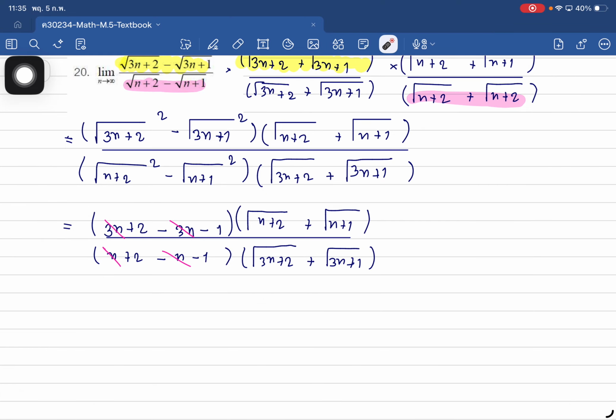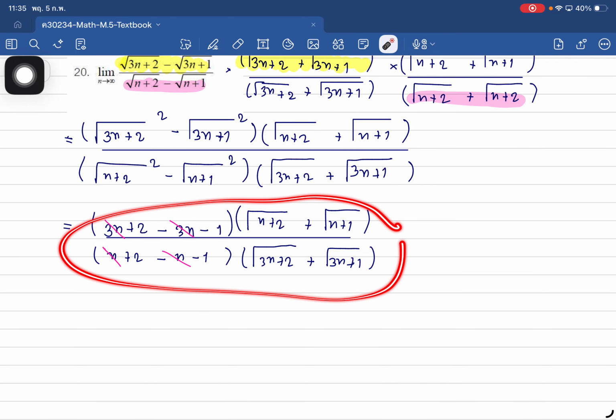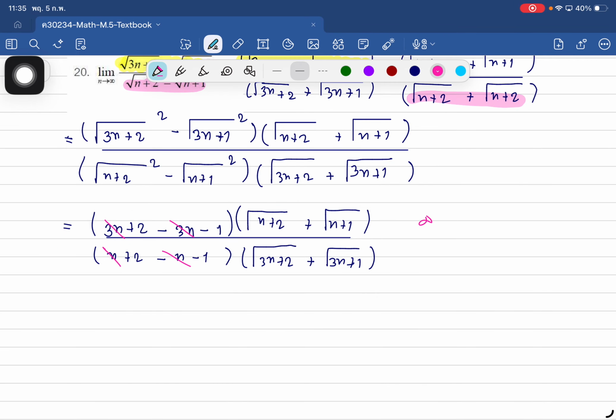Now I'm going to check that the absolute value of 1 over 2 is less than 1. Then I can apply s infinity, which is a1 over 1 minus r, for finding the sum of the infinity term. My a1, the first term, equals 4. Common ratio is 1 over 2. Finally, we get 8. The sum of the terms to infinity equals 8.